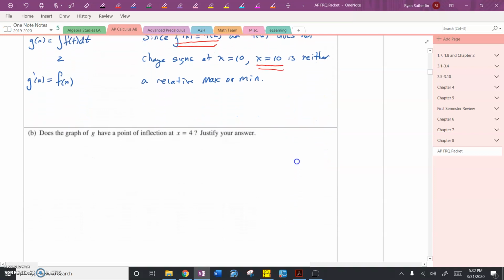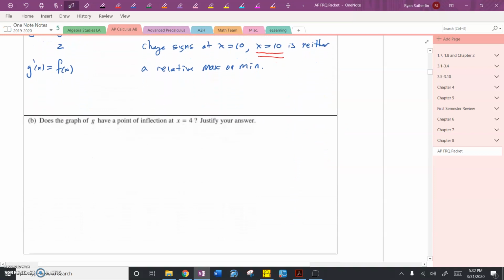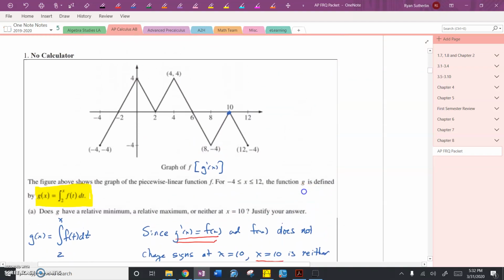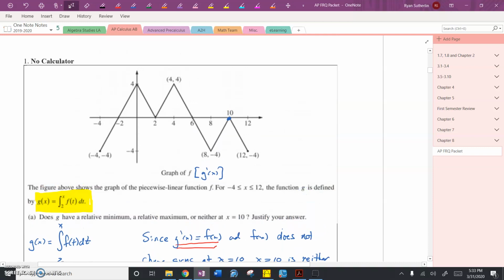Does the graph of g have a point of inflection at x equals 4? So remember, we're looking at a point of inflection. When we have points of inflection, most of us want to go to the second derivative and think about, oh, that's when it's 0 with a sign change. But we are given the graph of the first derivative, so let's use that to determine whether it has a point of inflection.